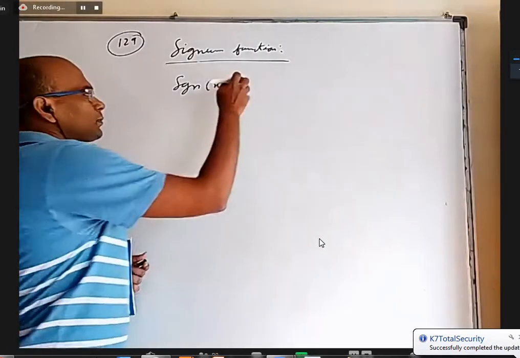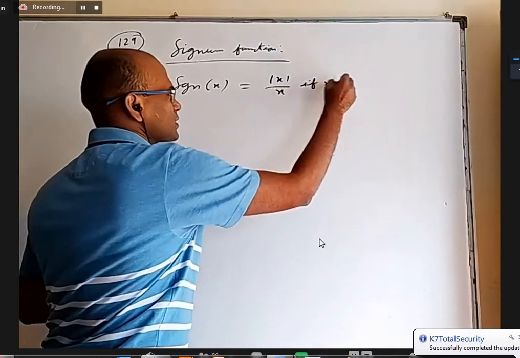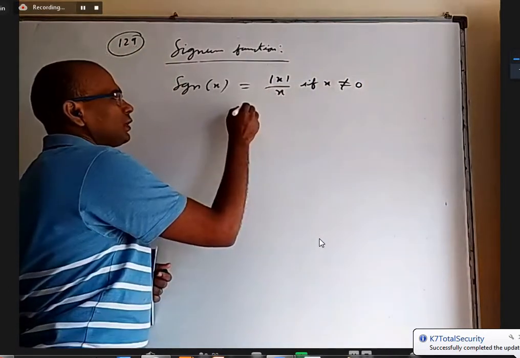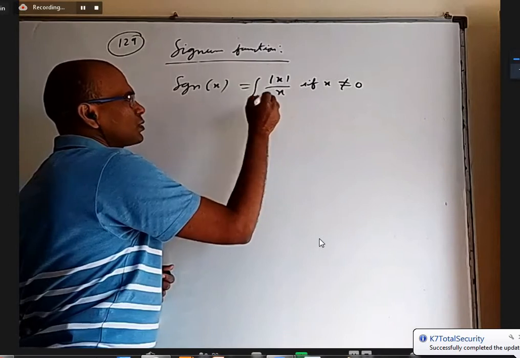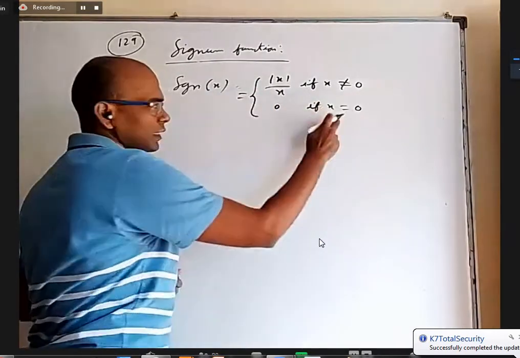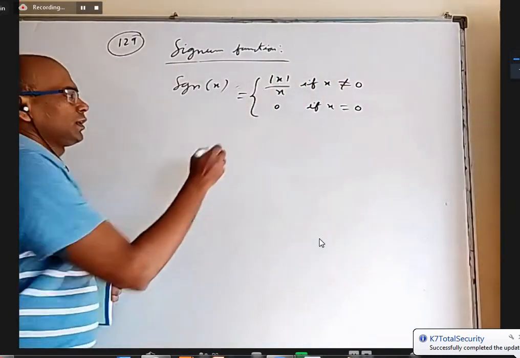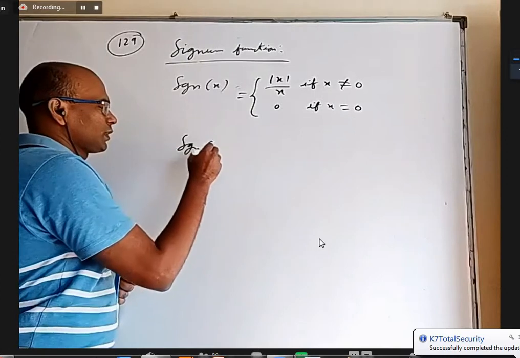What is that? It is equal to mod X by X if X is not equal to 0, and it is equal to 0 if X equals 0. Whenever X is 0, it is 0. Whenever X is not 0, it is mod X by X. The same signum function can be written like this also.